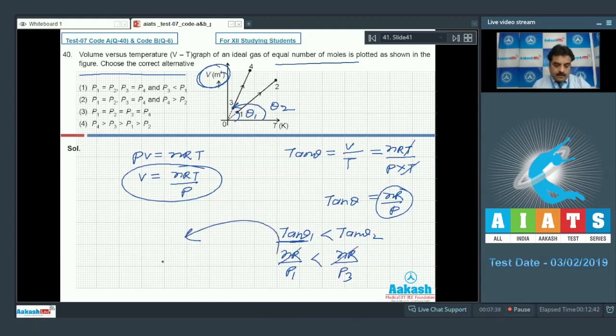When you take a cross multiplication, you will find P3 is less than P1. The other thing I would like to add is that both processes occur at constant pressure, so P1 is equal to P2. Now going through the options, P1 is equal to P2, yes. P3 is equal to P4, yes. And P3 is less than P1, yes. So my option number 1 will be the right choice. So let's move on, question number 41.